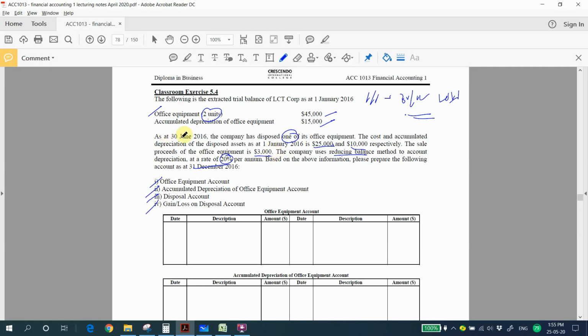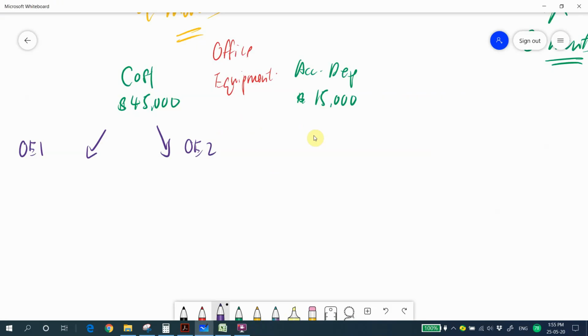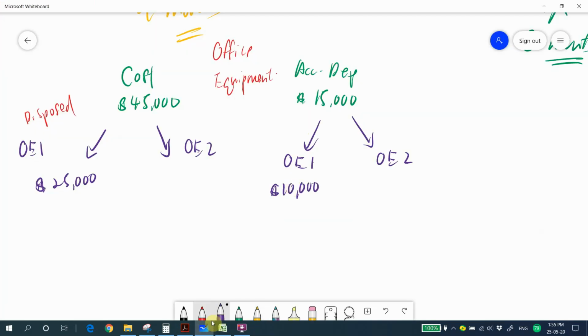It says that on 30th June 2016, the company has disposed 1, right? The disposed asset cost is 25,000. We know that this asset is going to be disposed. And for the accumulated depreciation, the one that we are going to dispose has an accumulated depreciation of 10,000. So this is the one that we want to dispose.